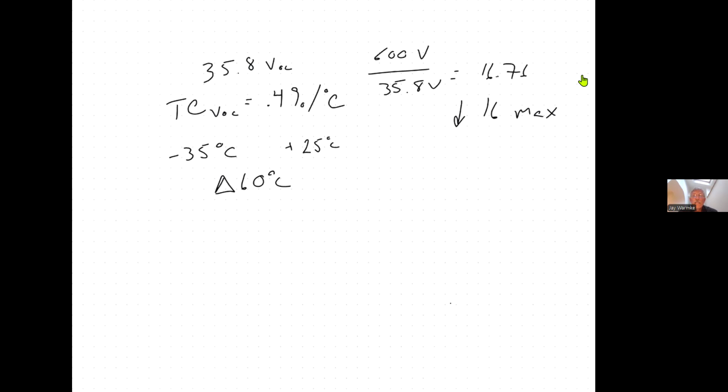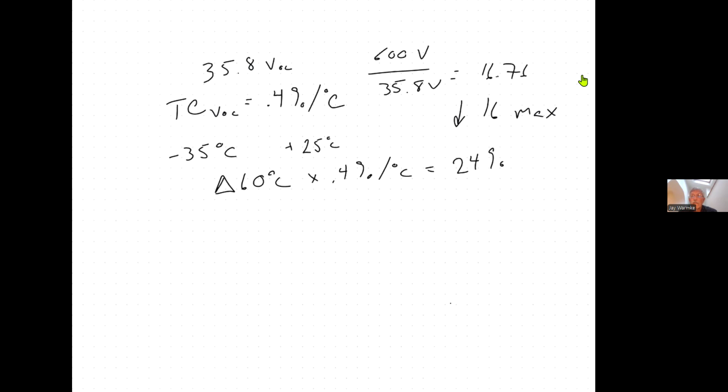For every degree less, the temperature coefficient is 0.4% per degree Celsius. So 60 times 0.4 is going to be 24. So 24%. So basically what this is saying is that this panel will produce 24% more voltage on the coldest day ever.